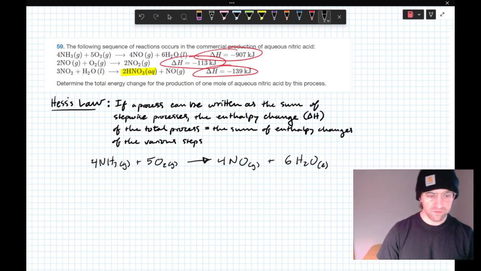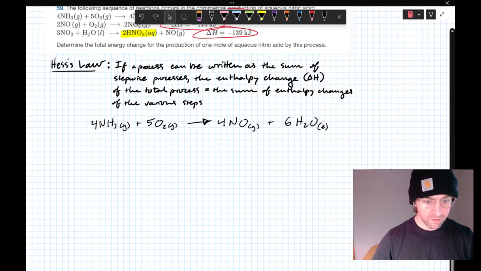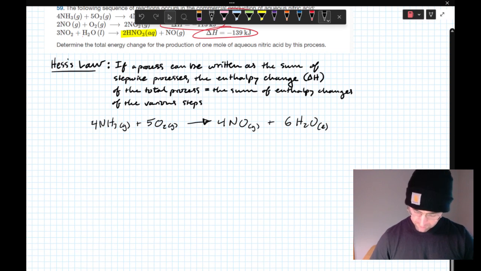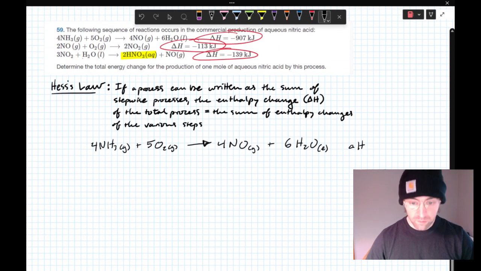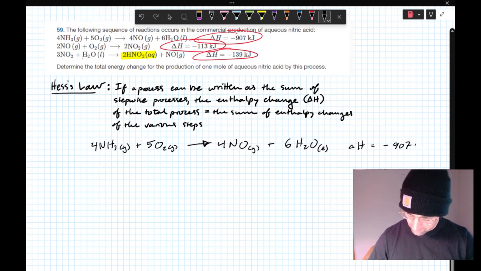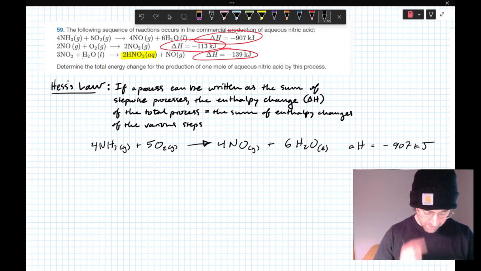I believe, well, I don't want to get ahead of myself here. Delta H equals negative 907 kilojoules. I'm rewriting this for a reason, I promise.